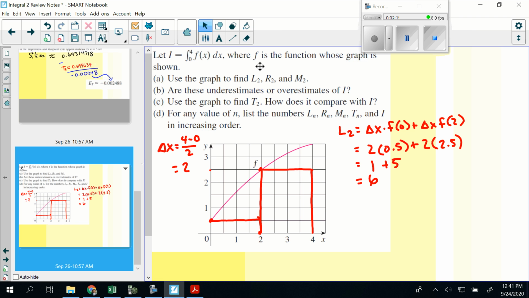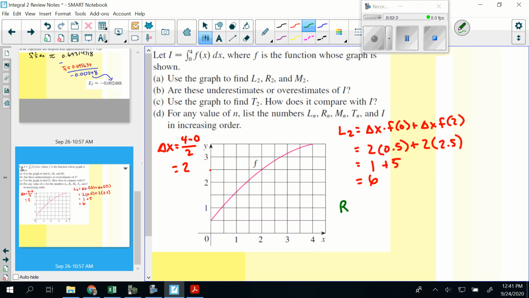Let's find our R2 value. So now, same change in x, but for our R2 value we're using the right endpoint. So our first rectangle would use the height on this side. So we'd be looking at that rectangle, and again we're using the right side of this, so the height here. So what's the area of those two rectangles?